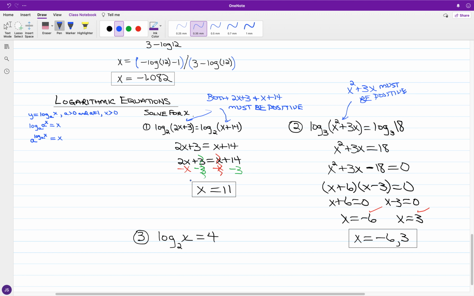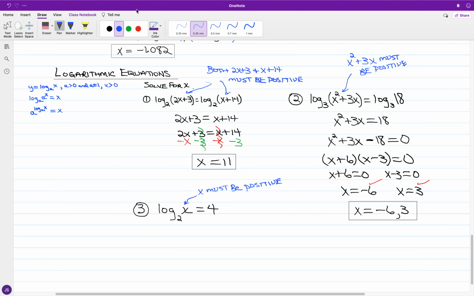Okay, so whatever I have for x, whatever the attachment is, must be positive. In this case, we have x is the attachment, so that must be positive.